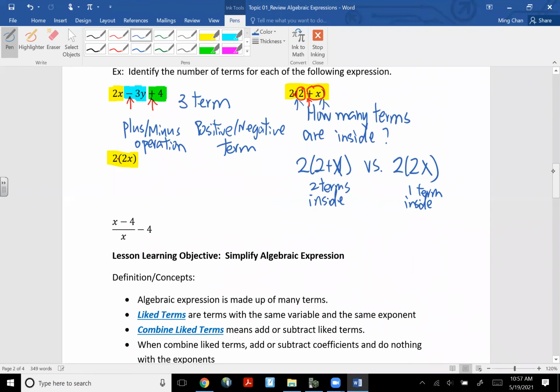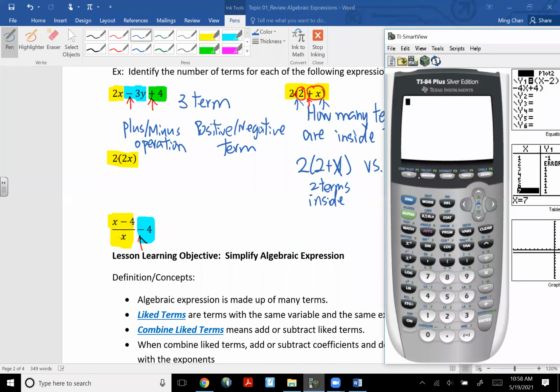Now in this example, I see a subtraction sign outside the parentheses. So this problem has two terms. In front of the subtraction sign, all of that is one term. My second term is a negative 4. I use this example because in this class we will eventually graph something that looks like this, so we also need to know how to key this into our calculator.